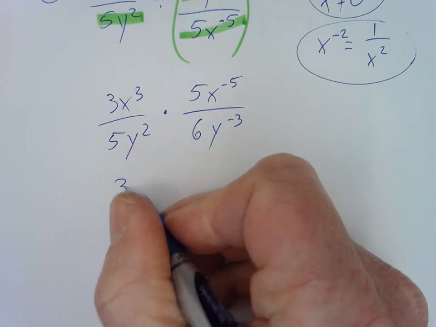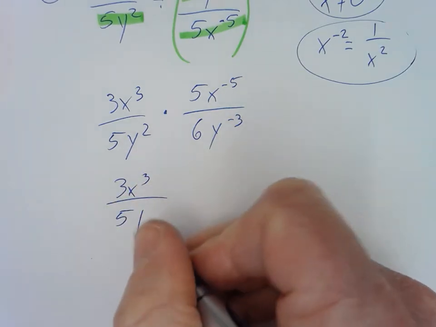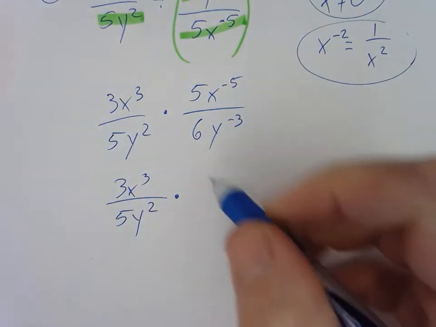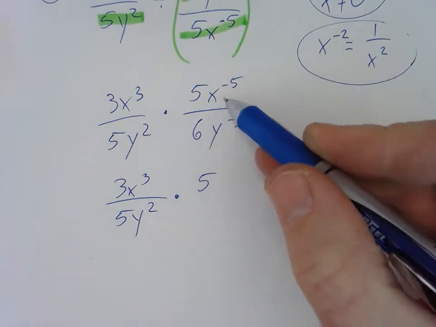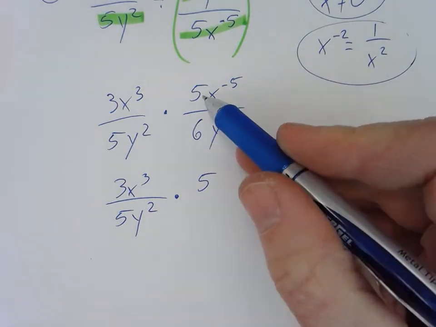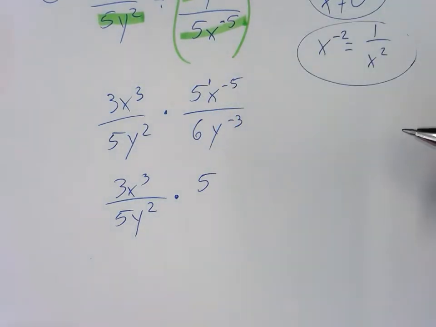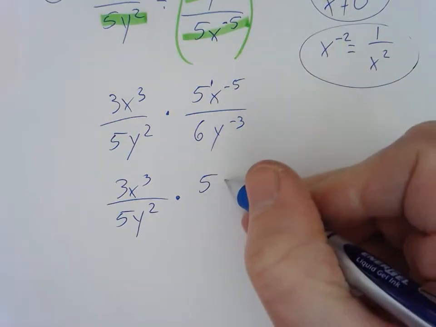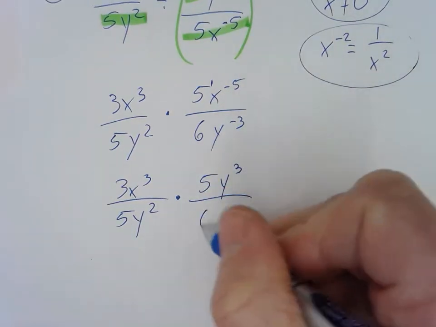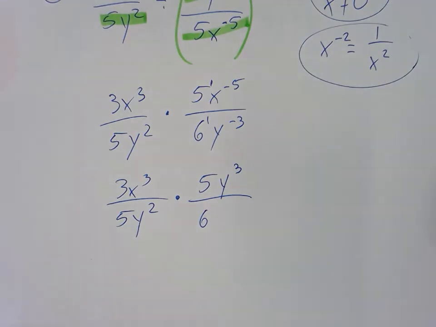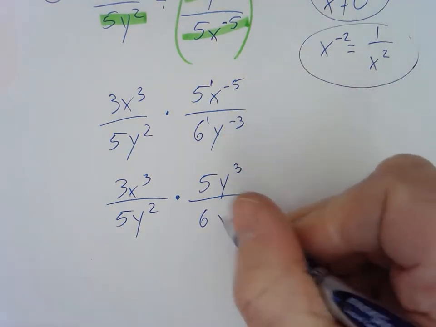So it's 3x cubed over 5y squared times, now the 5 doesn't move because it's not attached, the 5 is to the first power, so you don't move it. And then the y to the third comes up. The 6 doesn't move because that's the first power, but then the x comes down.